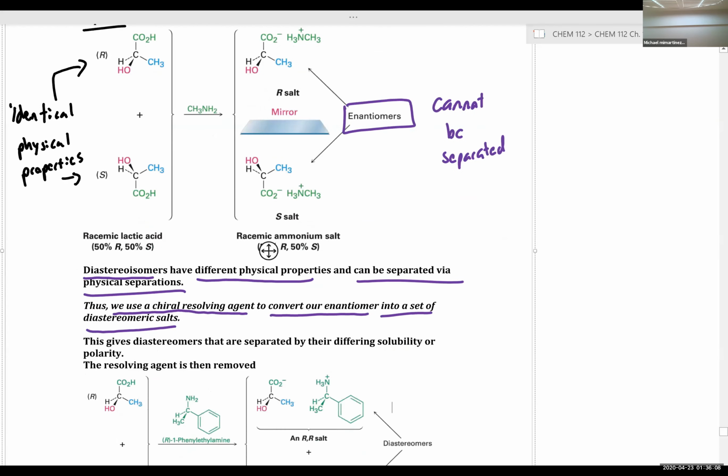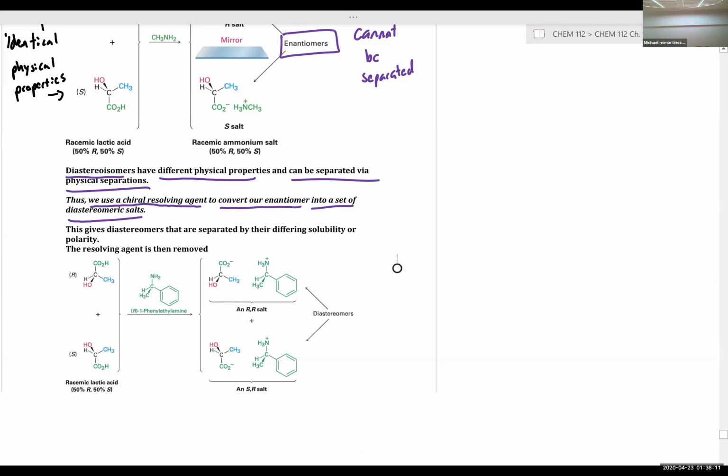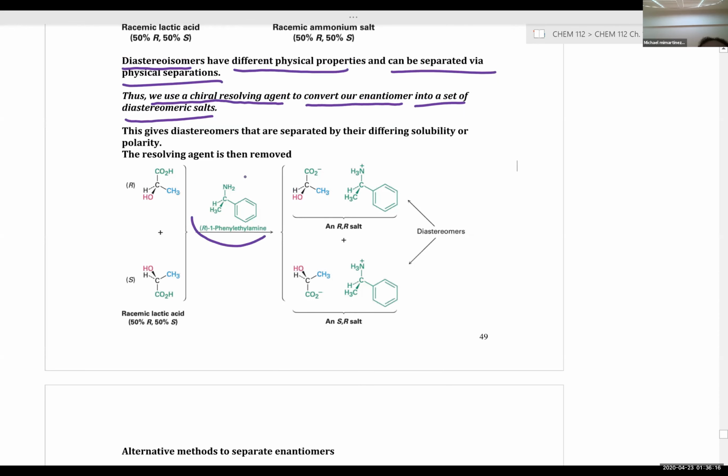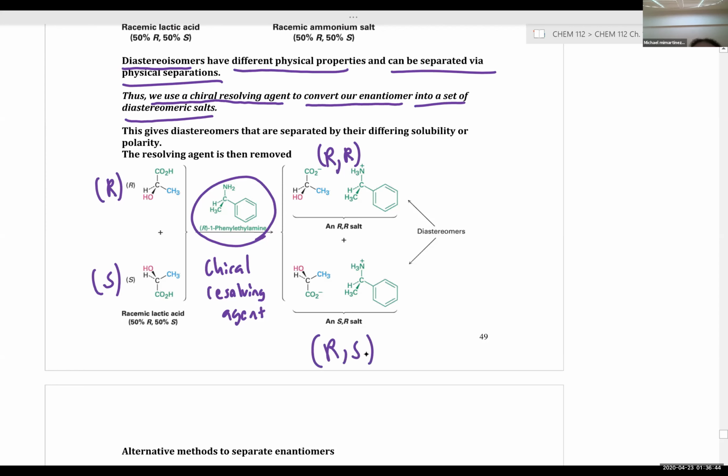However, if we change our resolving agent, and instead we use a chiral resolving agent, now, because our resolving agent is chiral, the salts that we generate, for example, if we have the R and S enantiomer, when we generate our salt, we have a mixture of an RR salt and an RS salt.